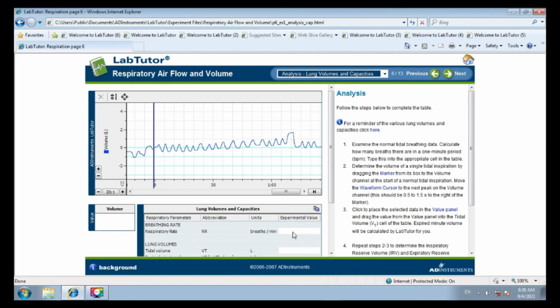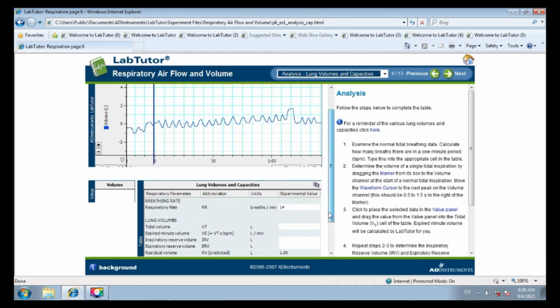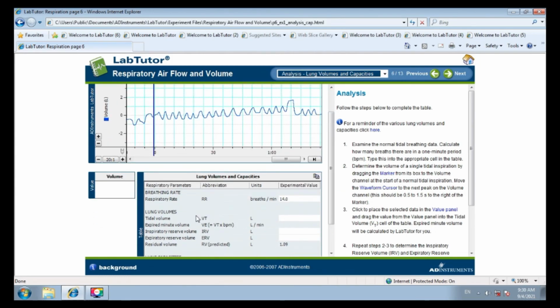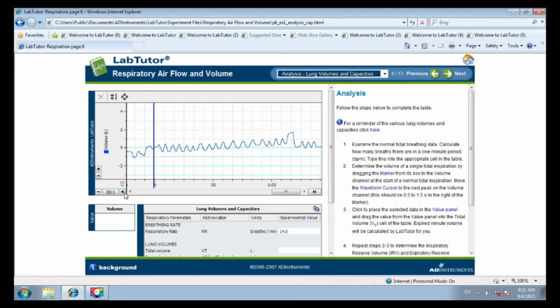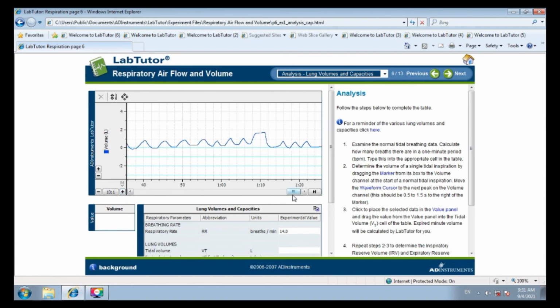So here we put this value, the normal rate of breathing that we observed through our recording.